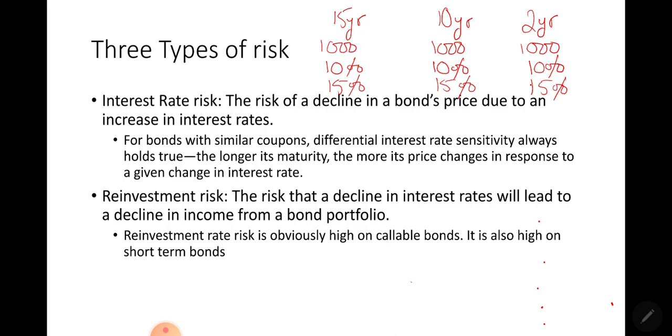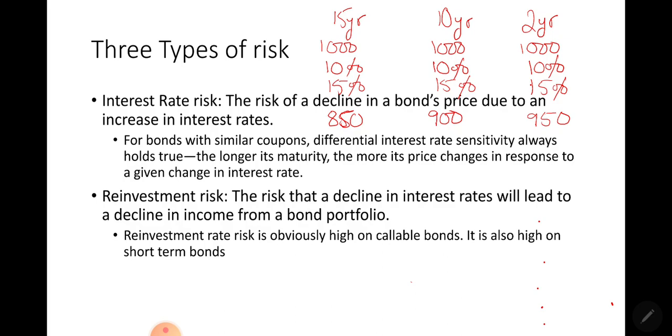Whenever the market interest rate goes up, the bond price will always decline. So it will decline in all three cases. The difference will come in the magnitude of the decline. The 2-year one will not decline that much, 950 maybe. The 10-year bond will have a higher decline, and the 15-year bond will have even more higher decline.